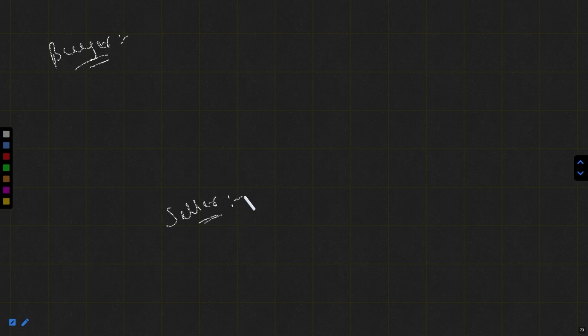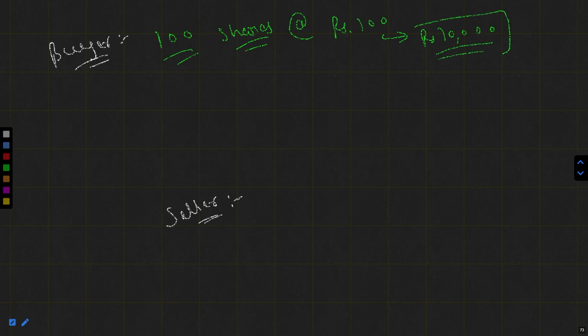Okay, so if we talk about the buyer point of view, what was the buyer's point of view? The buyer point of view was that until or unless the 100 shares become available to him at rupees 100, meaning he is only willing to pay rupees 10,000.